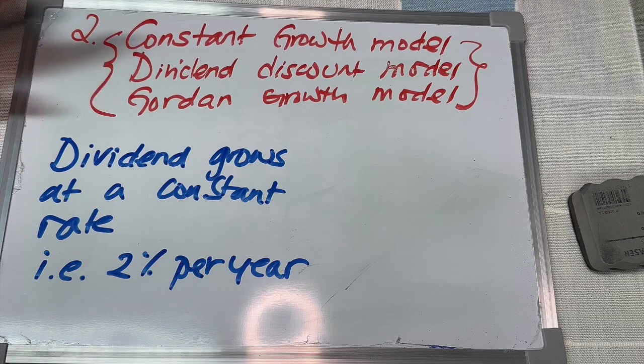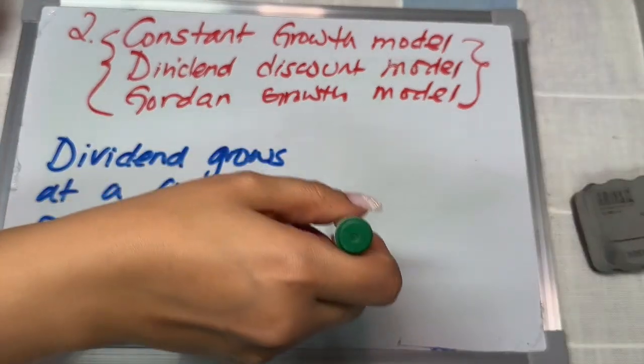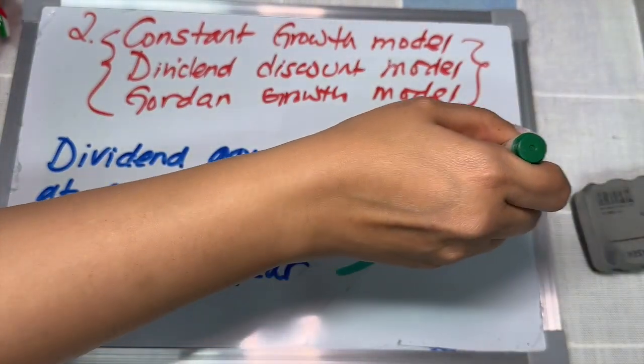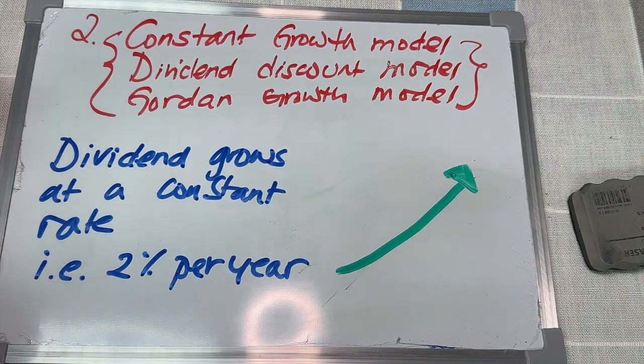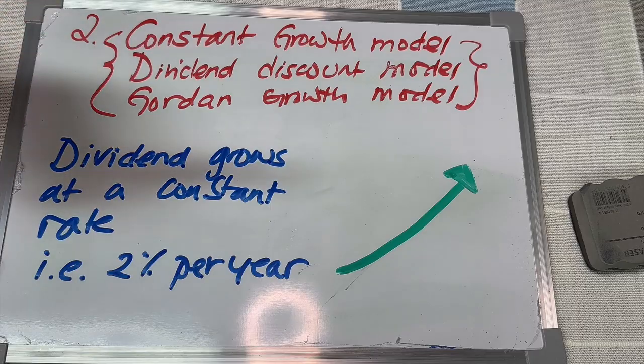Now, what this model says is that the dividend being paid grows at a constant rate, 2% per year. Okay, now what does that look like? The dividend grows at a constant rate. It's no longer a zero growth where it's a straight line and the dividend doesn't change.